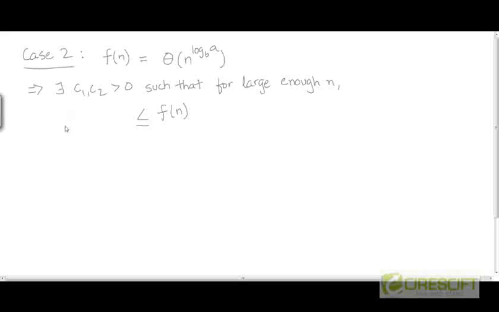So f of n is lower bounded by c1 times n to the power log of a base b, and it's bounded from above by another constant c2 times n to the power log of a base b.